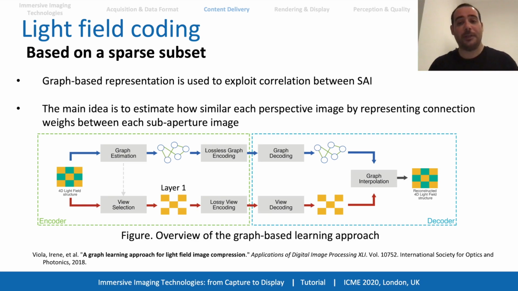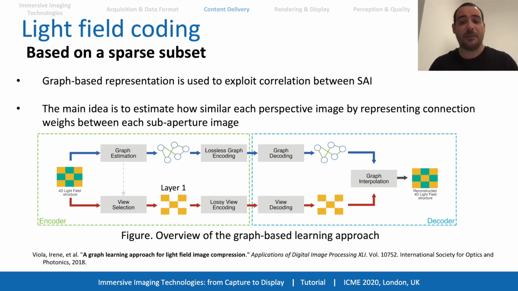Another example is to use graph-based representation. Using graph-based representation, we can exploit correlation between subaperture images. In this work, a subset of the light field, called layer 1 on the slide, is first extracted from the 4D light field, and a graph is estimated for the complete light field structure.